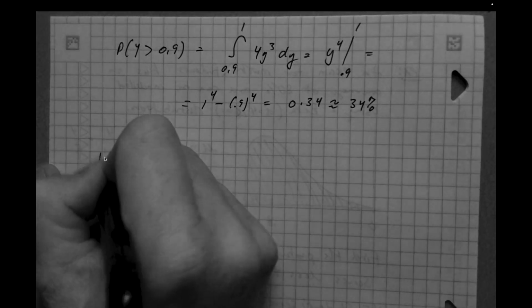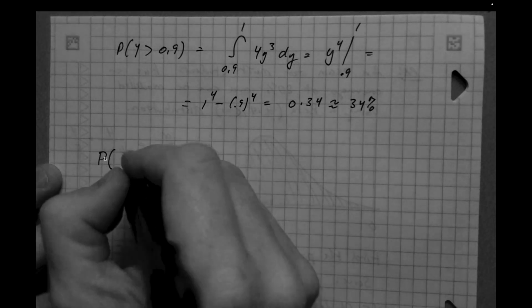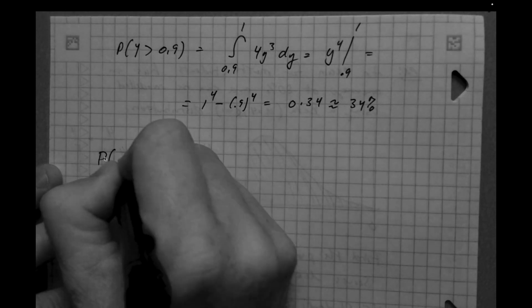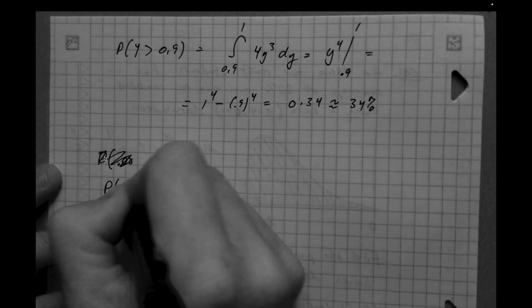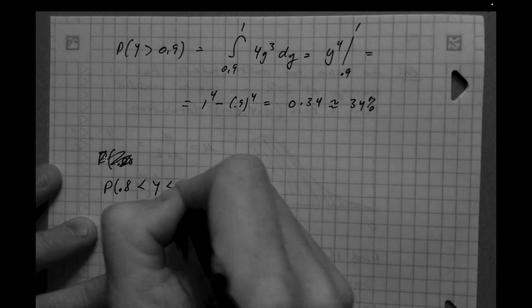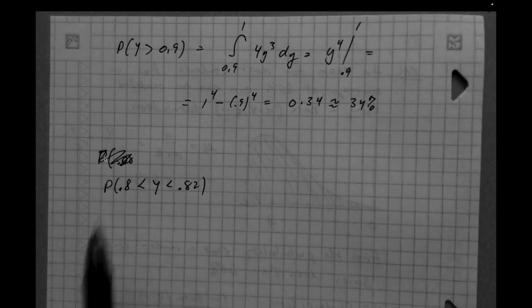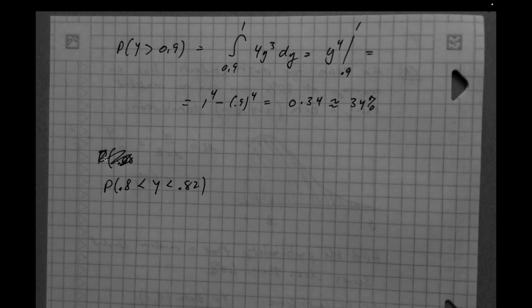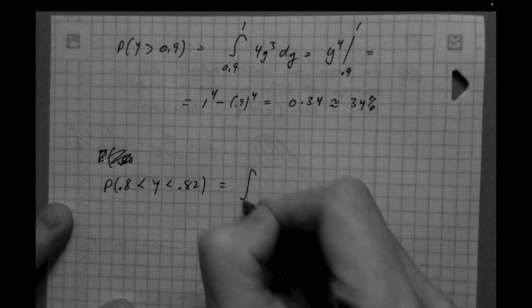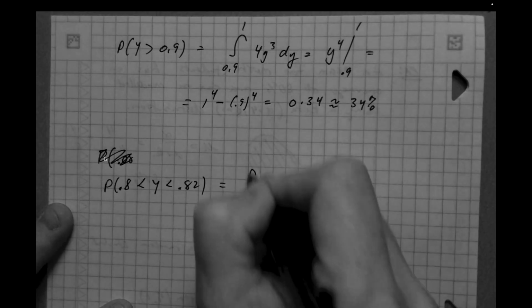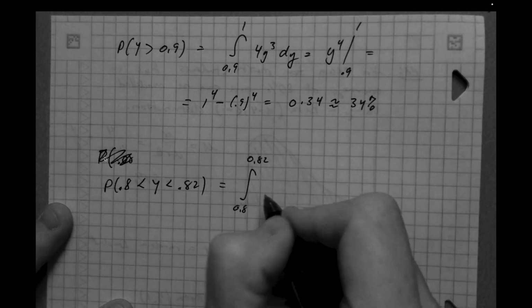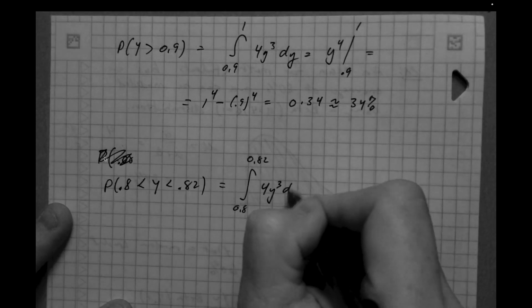Now you can do things very specific, like maybe I want to know the probability that 0.8 is less than y, which is less than 0.82. Of course, when you get down into really tiny slivers of the distribution, the probability is going to decrease, even if there's a lot of mass underneath the curve at that location. And so in this case, this is just another integral from 0.8 to 0.82, and again, it's 4y cubed dy.